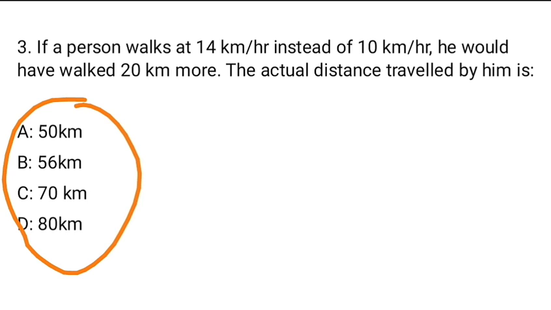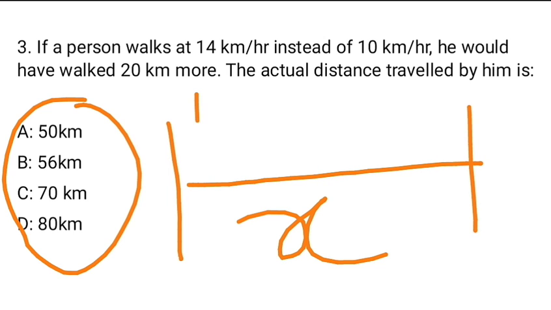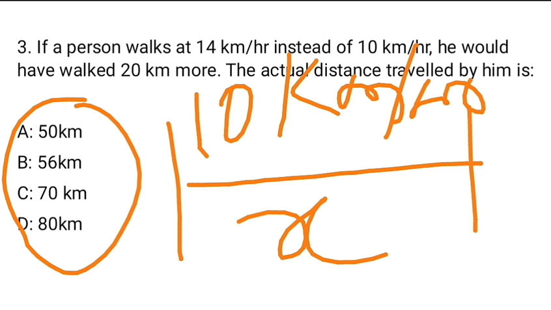Anyway, I would solve. First, I would explain the problem. A person covered certain distance, let it be x, with a speed of 10 km per hour. But if he had walked at 14 km per hour, he would have covered 20 more kilometers.